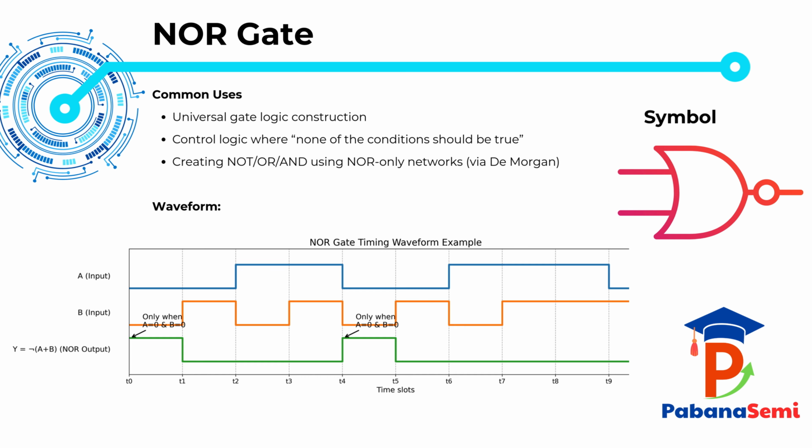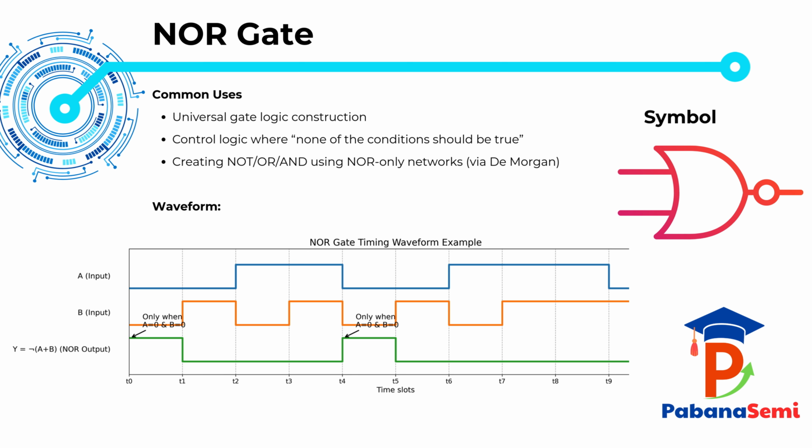First, the NOR gate is a universal gate, just like NAND. This means we can construct any digital logic function, not, or, and more complex logic, using only NOR gates. This is useful in standard cell design and also in logic optimization. Second, NOR is often used in control logic where the requirement is that none of the conditions should be true.